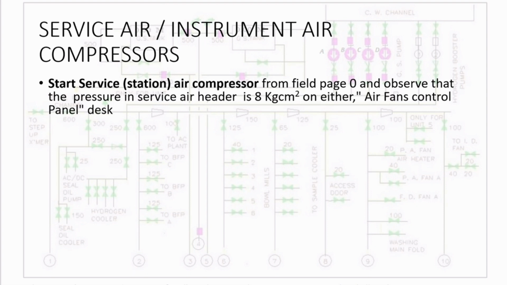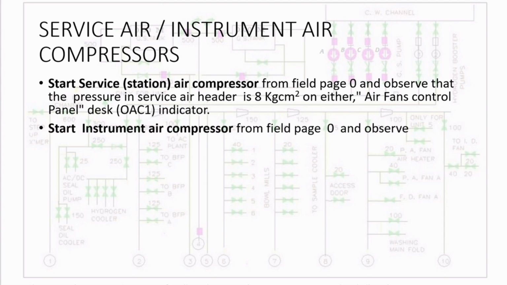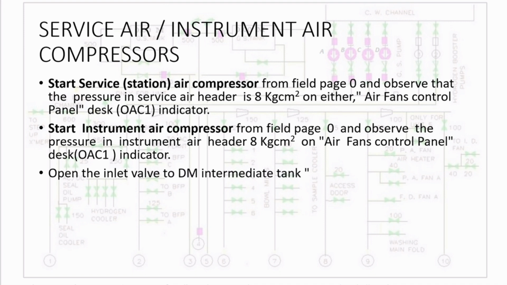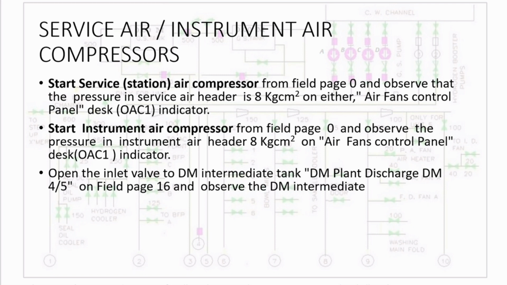Once the GS water is available for cooling, the service air compressor and instrument air compressor can be started from field page 0, and the pressure can be observed on control desk number 1, the air fans control desk.